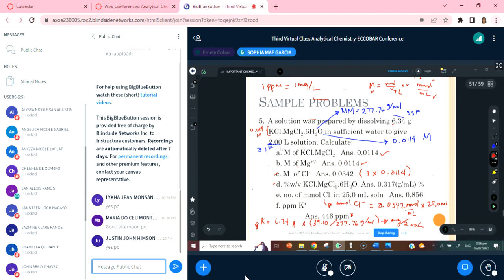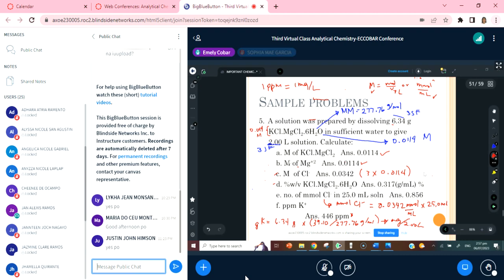Ay, naka-ml bakit po pala, sorry. Naka-ml kasi yung formula ng percent mass over volume is grams solute sa numerator divided by volume in ml of the solution. Okay po. Okay? Kaya kailangan. Okay na, clear na? Clear na po. Thank you po. Okay.